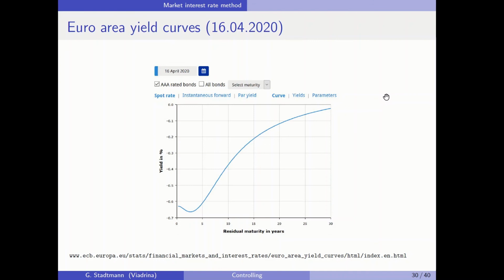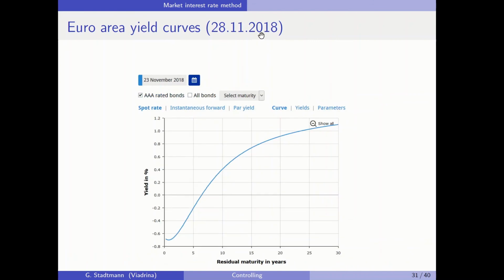When I was teaching this course for the first time in 2018, it was at least the case that assets which had a maturity longer than 6 years would have a positive yield. Only assets which had a maturity smaller than 6 years also had a negative interest rate.